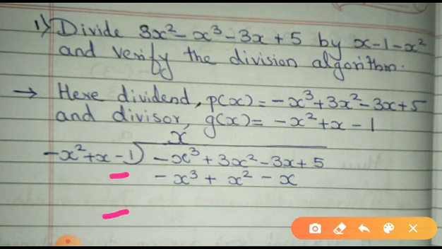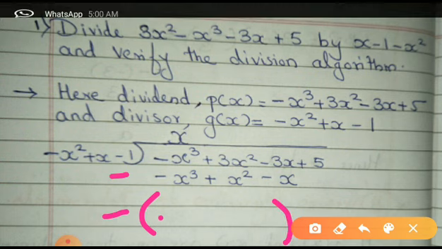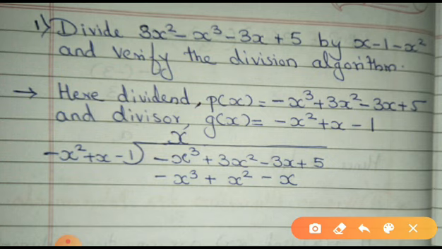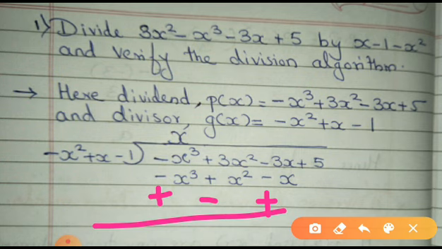When I write minus and a bracket is here, that means I have to change the sign inside. Okay, so don't forget to change the sign. So minus becomes plus, plus becomes minus, minus becomes plus. And then according to the new sign, do the operation.